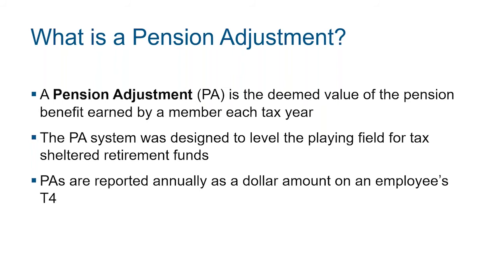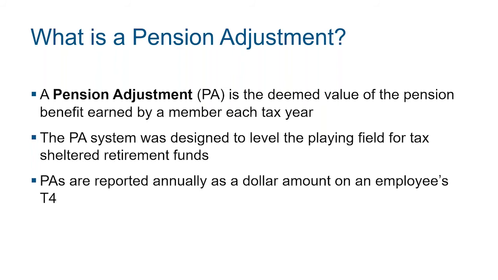The pension adjustment system was designed to level the playing field for tax shelter retirement funds between Canadians that have access to employer-sponsored pension plans and those that don't and who may have to save for retirement in a more traditional RSP account. This takes into account the full value of the pension a member has earned in that year as opposed to just the contribution amount.